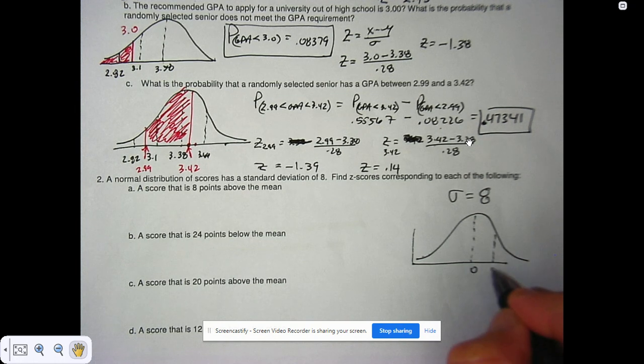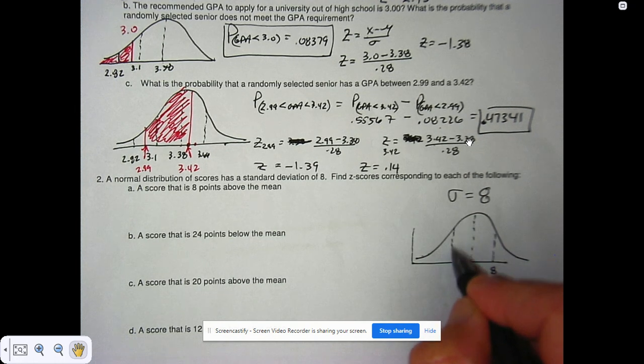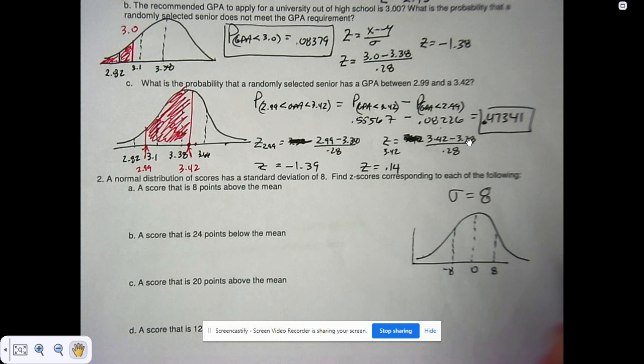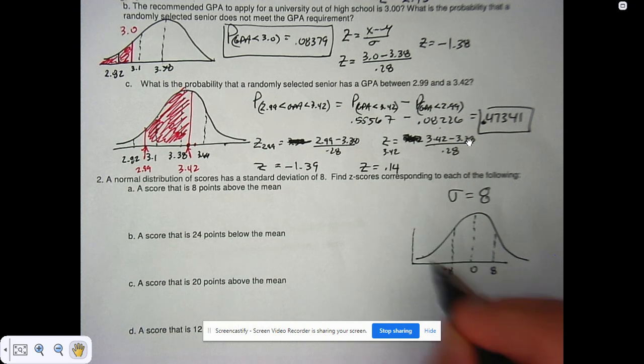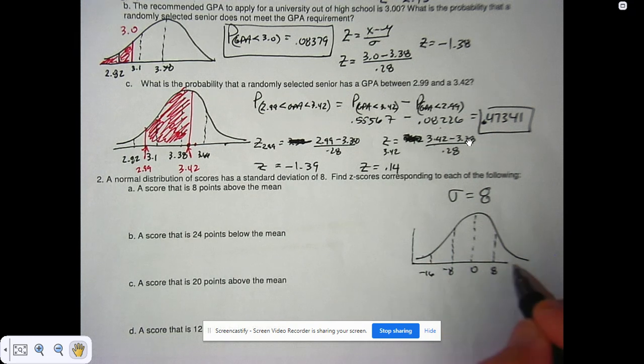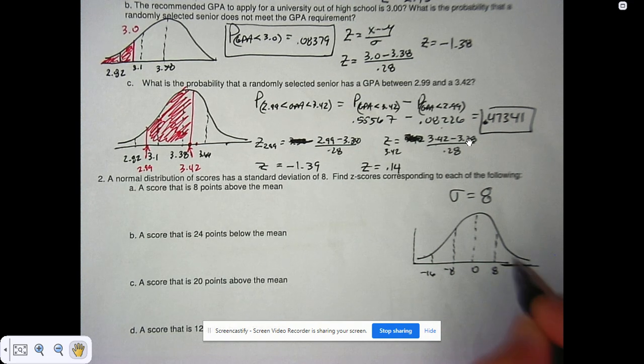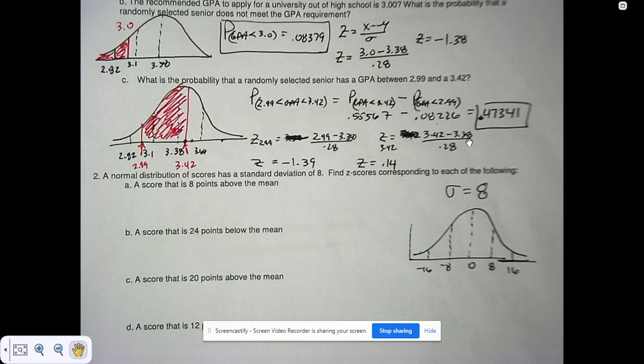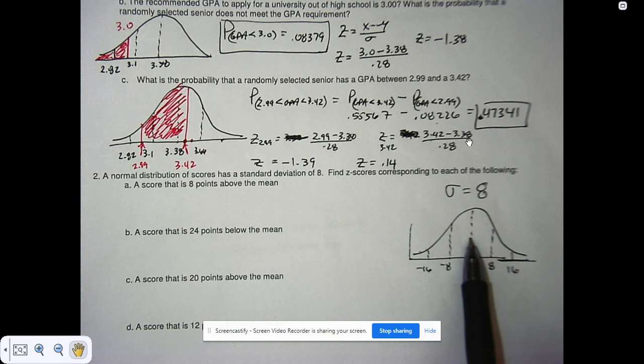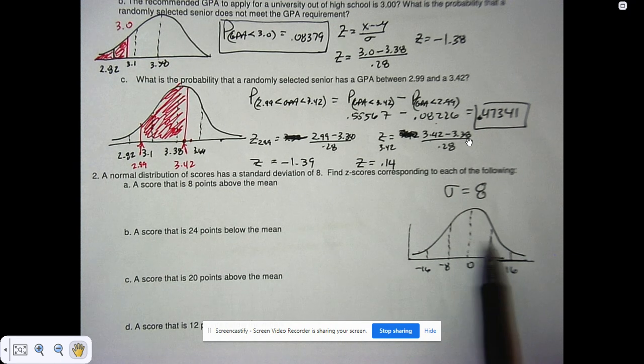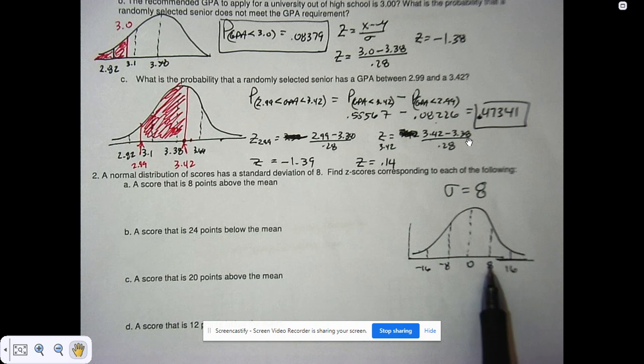That first standard deviation is going to be at 8 and negative 8. And then negative 16 and positive 16. Okay. So our standard deviation is 8. So the width between the mean and where the first standard deviation is, that's 8 units. I started at 0, so I went to 8.